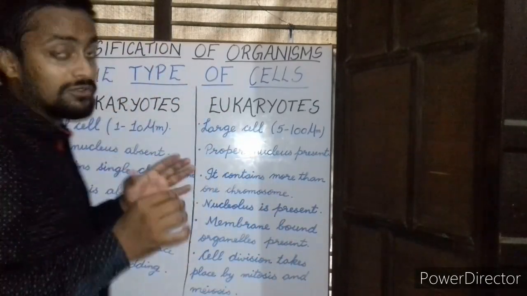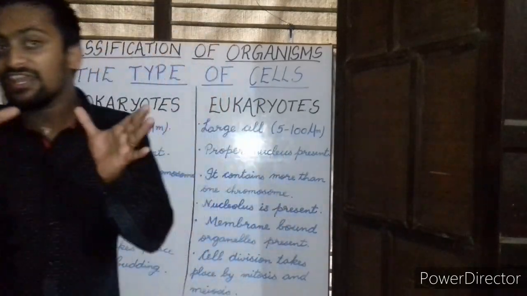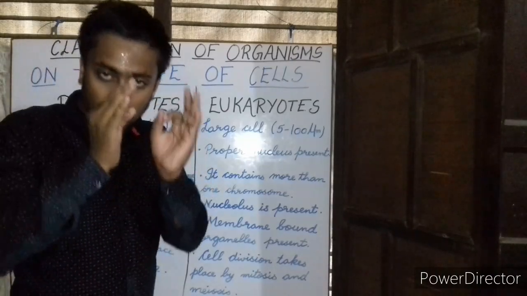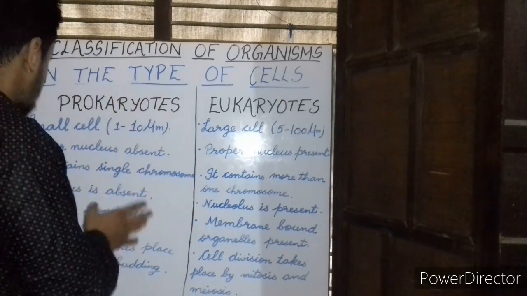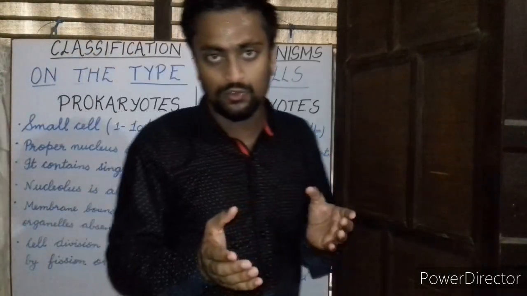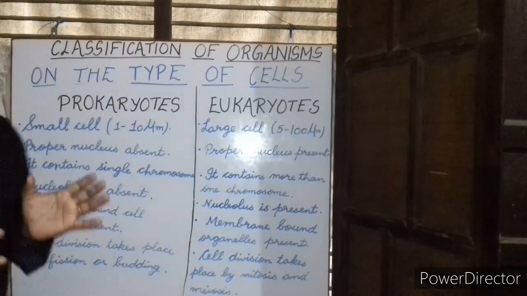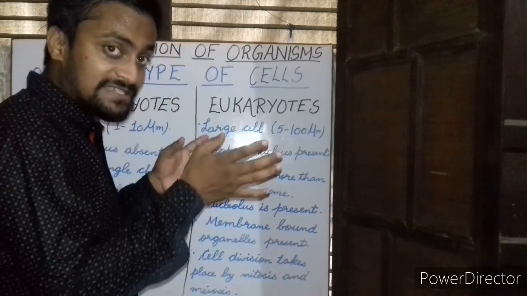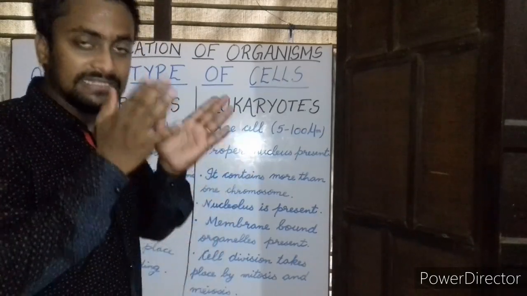Fourthly, the nucleus or the defined nuclear region is absent in prokaryotes, while in eukaryotes the nucleus is present. Next, membrane bound organelles such as mitochondria and lysosomes are all absent in prokaryotic organisms, while in eukaryotes, membrane bound organelles such as mitochondria and lysosomes are present.